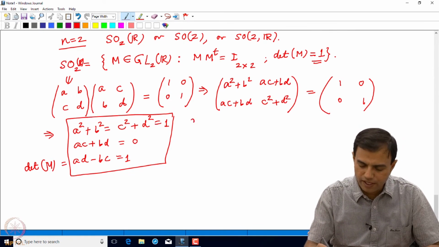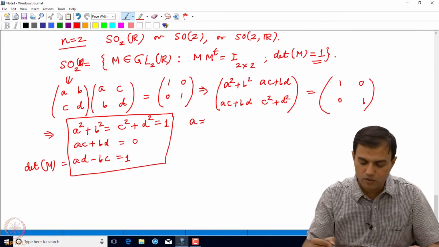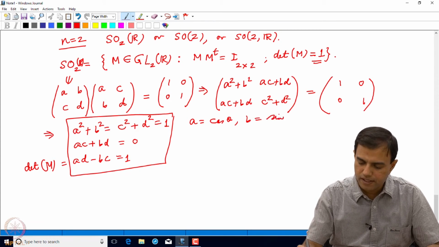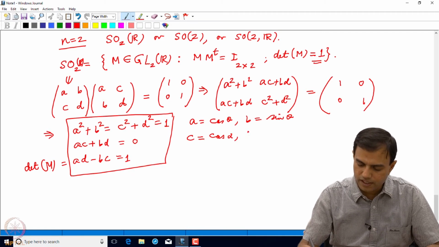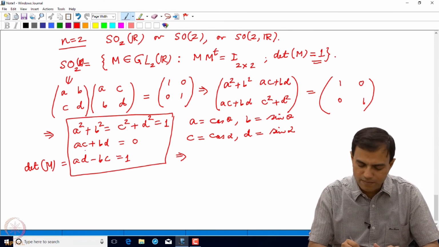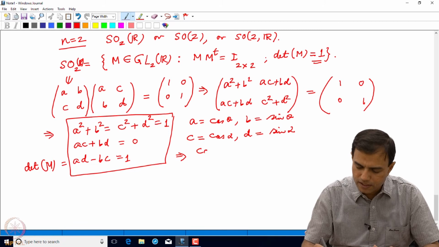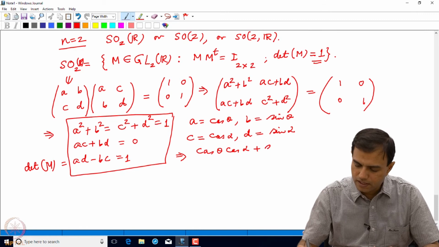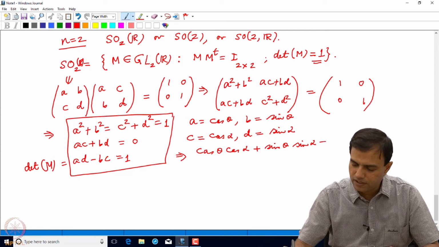One can think of A as sine of something or cos of something. So I am saying A is cos theta, so B will be sine theta, and let me think of C as say cos alpha, so then D will be sine alpha. And what about the other conditions? AC plus BD is cos theta cos alpha plus sin theta sin alpha, and that is 0.